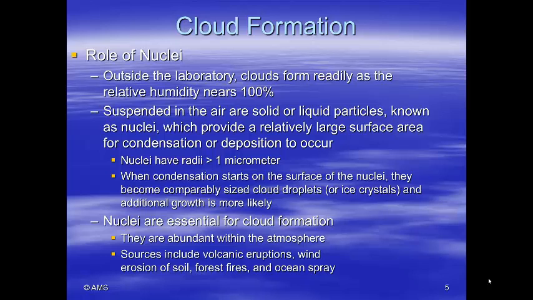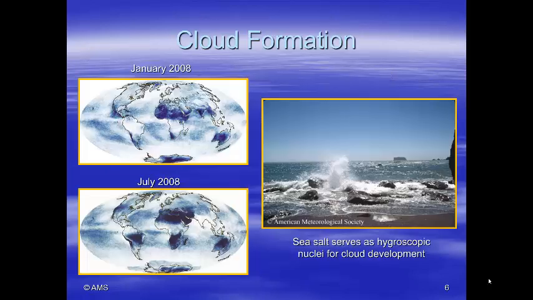They're pretty abundant in the atmosphere. And the sources, of course, include volcanic eruptions, wind erosion of soil, forest fires, and ocean spray. Sea salt makes a really nice nuclei to get these clouds to form. And sea salt serves as a hygroscopic nuclei for cloud development.